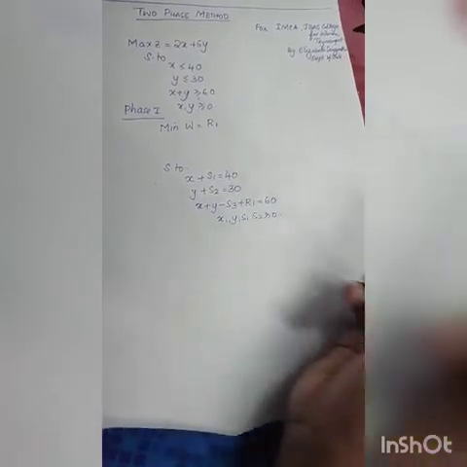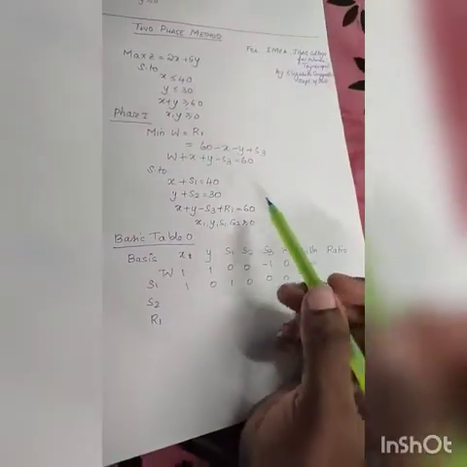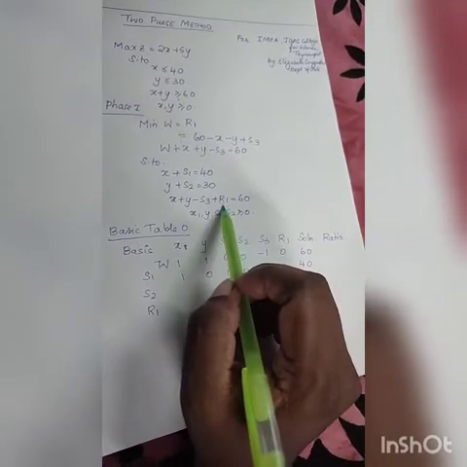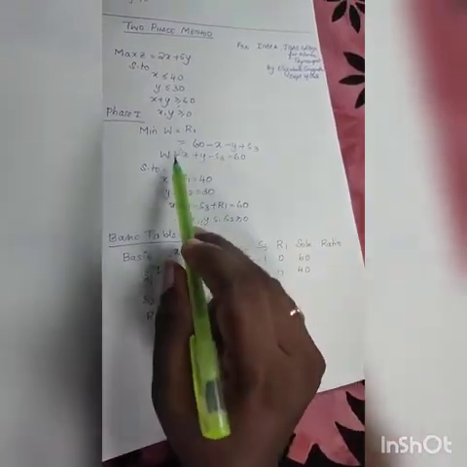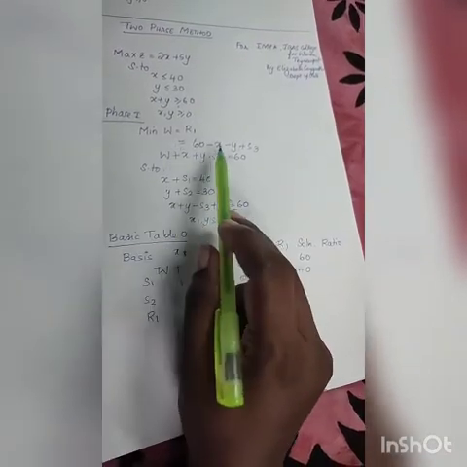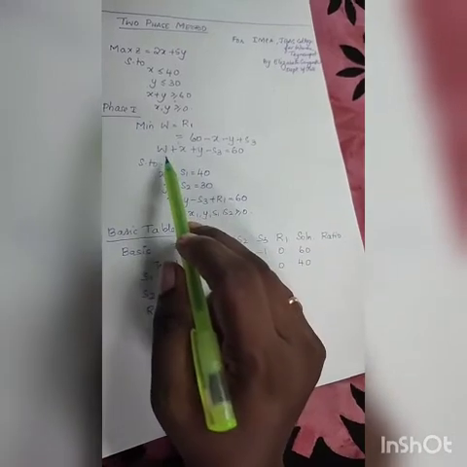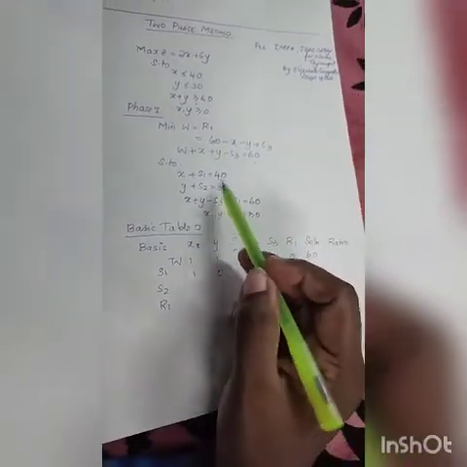The rest I'm not bothered about actually. Even S3 can be added here, but not right now. In R1 I have written this equation, 60 minus all these, and W, this part I have brought to the right hand side, I have brought to the left hand side. So I have this equation here and my other equations.